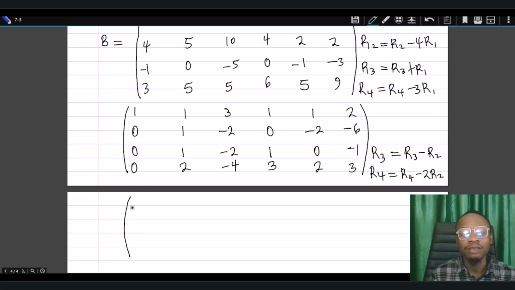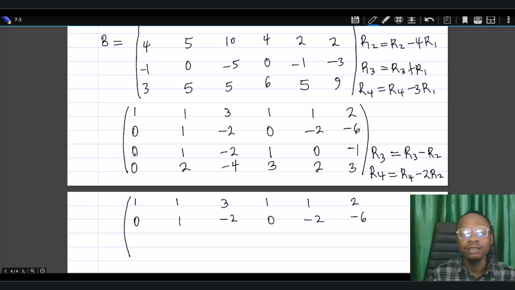Sorry, let's take them row by row. Nothing is happening to the first row, so that is 1, 1, 3, 1, 1, 2. Then the second row, nothing is going on there, so let us put that in as well: 0, 1, minus 2, 0, minus 2, minus 6.